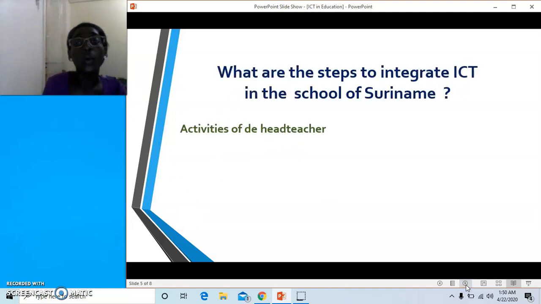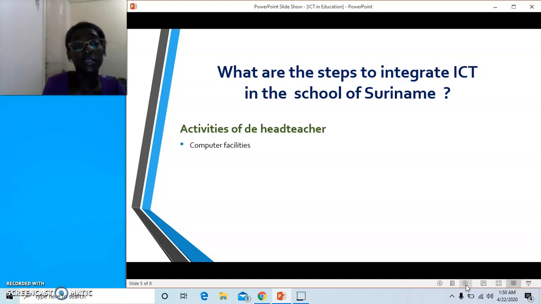Also, what are the steps to integrate ICTs in the schools of Suriname? This part I divided in two. You have activities of the head teacher. That person has to have computer facilities.